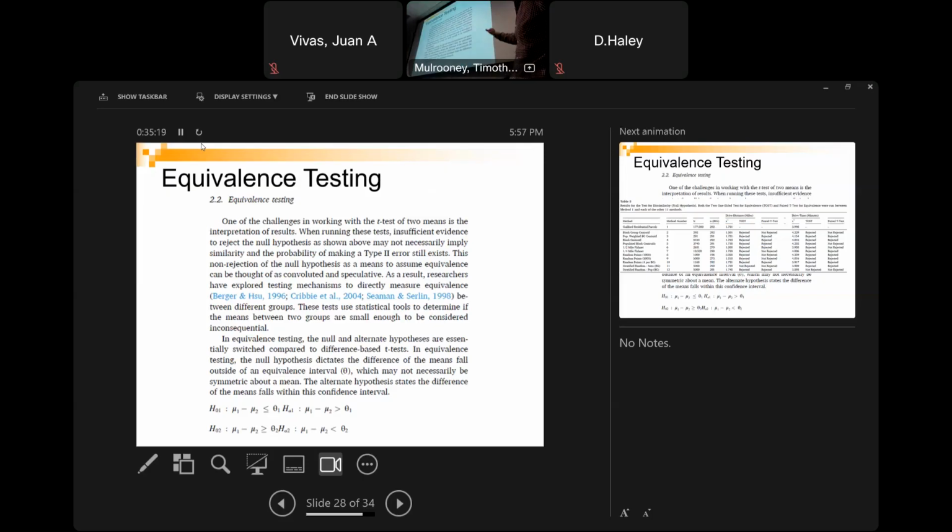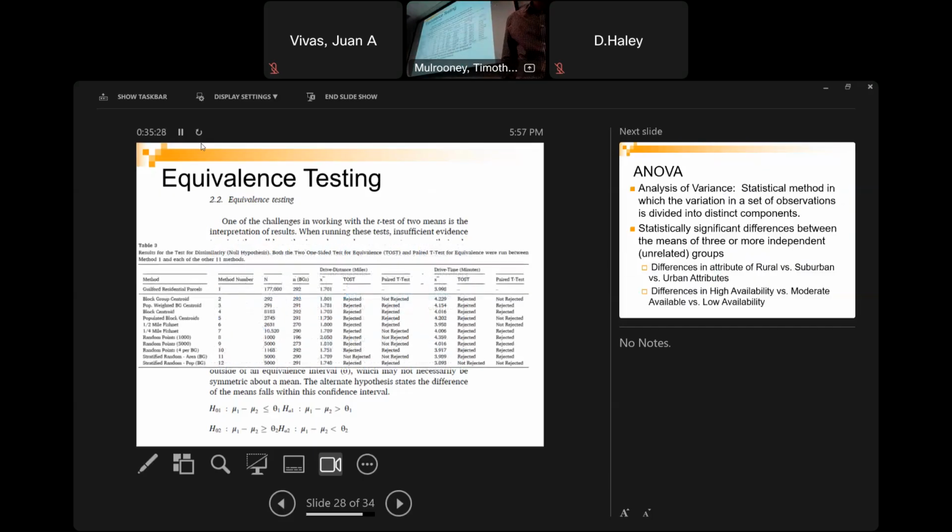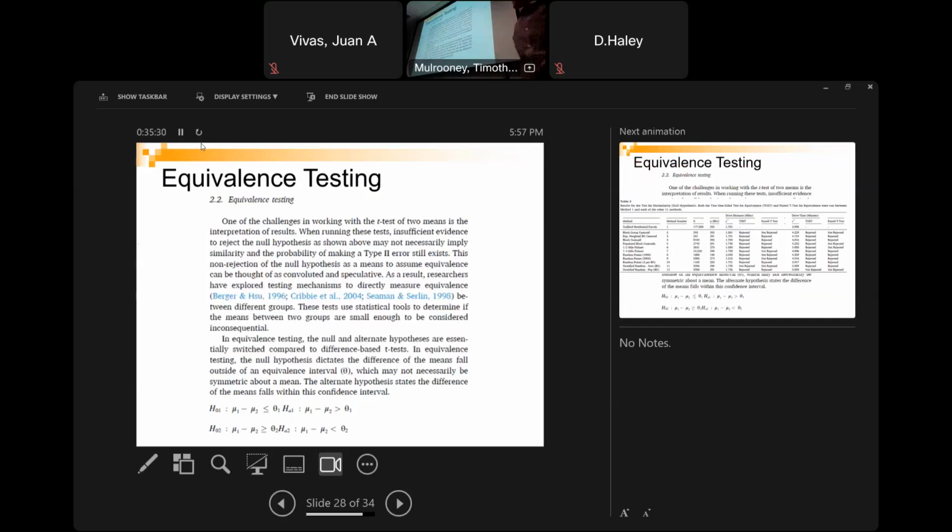In the last 30 years, they've been looking at equivalence testing, where I ran this through R. Instead of the null hypothesis being no difference, our null hypothesis is that they are not equivalent to each other, and then we disprove the non-equivalence by showing they're equivalent.